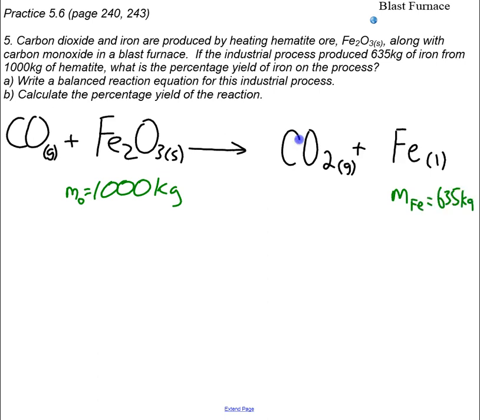So those you should now be connecting with yield, as in this is the actual yield. Okay, and then this is a limiting reagent. Okay, it's not a yield, but it's a limiting reagent as a starting amount.